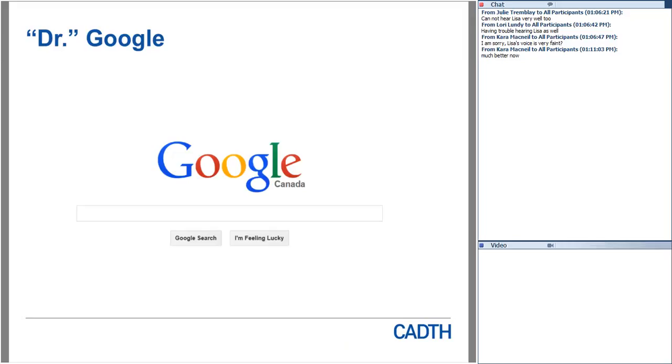The first thing you should type into that search box is PubMed, P-U-B-M-E-D. It's a database housed in the U.S., and they collect and publish the abstracts from almost all of the highly reliable research journals published in the world.